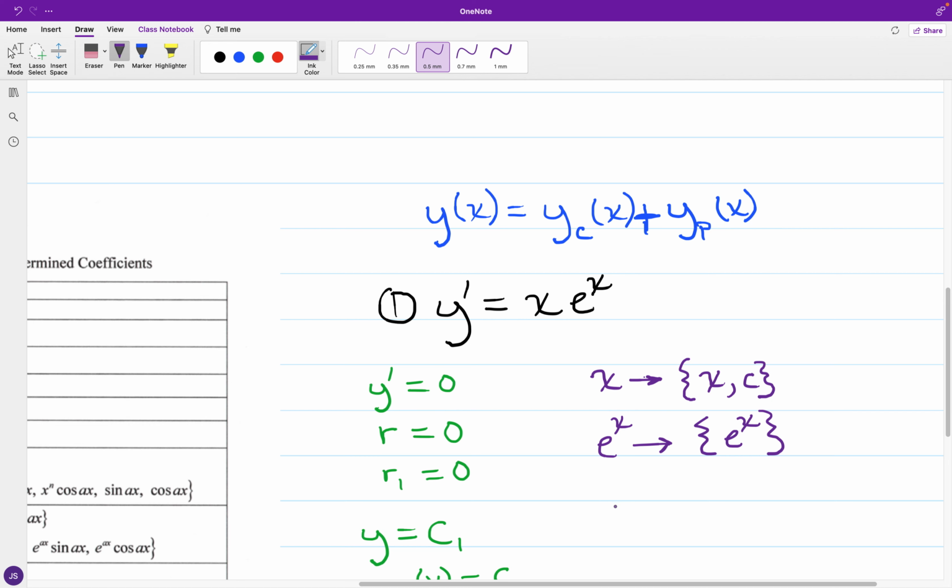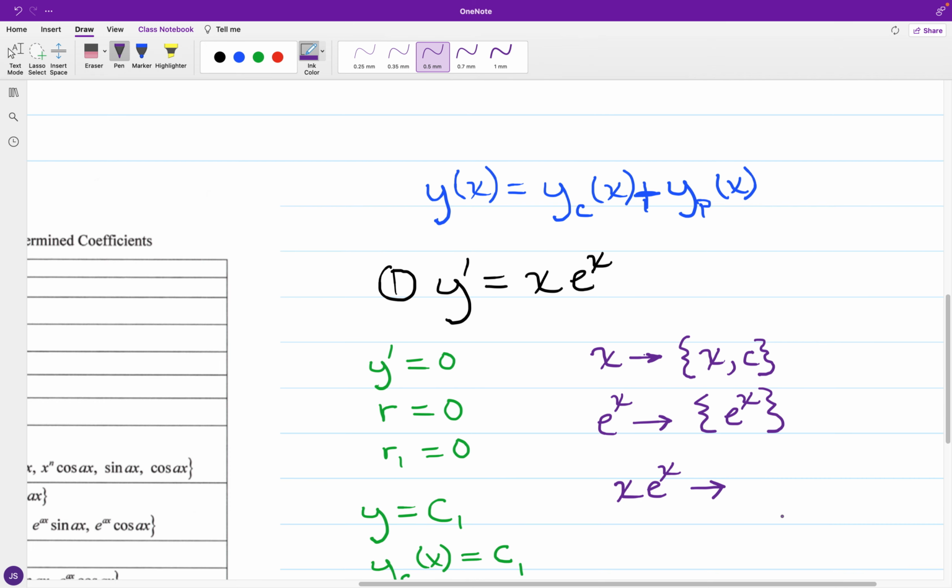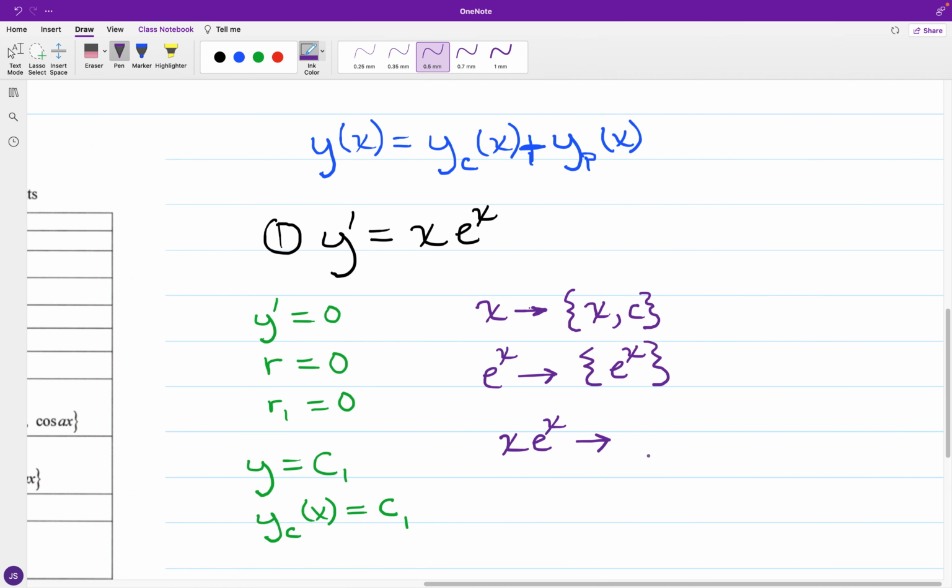And looking at setting things up and solving for this particular non-homogeneous equation, for x times e to the x, if you look at taking the family of terms and derivatives that we have for x as well as e to the x, from x I have x and c. From e to the x, I have just e to the x.